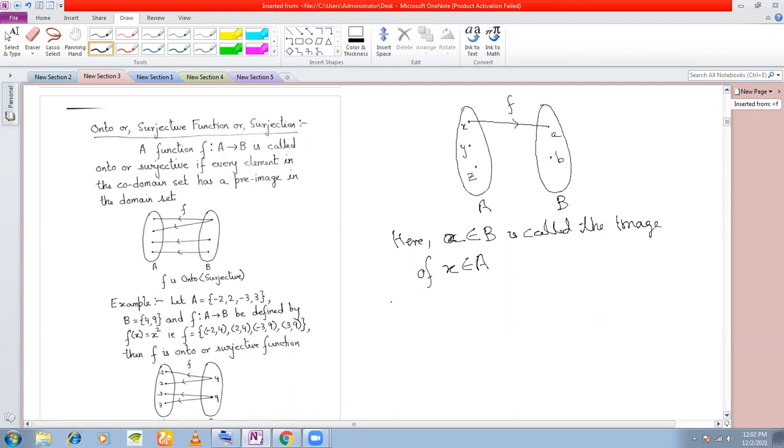If a is called the image of x, then what is x called? x belongs to A is called the pre-image.